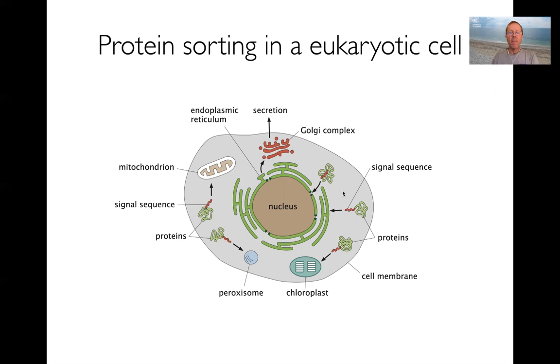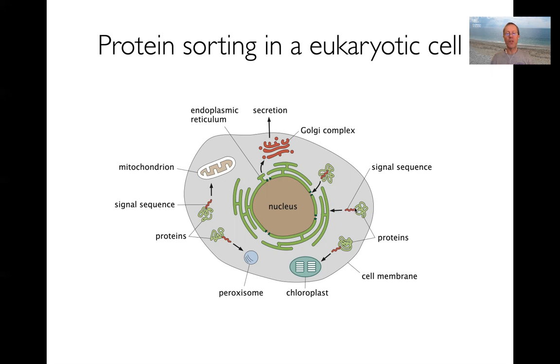So obviously, proteins have to contain some kind of information that directs their trafficking to the specific organelle where they're supposed to end up. It turns out that this information is, in most cases, encoded in short stretches of the amino acid chain called targeting sequences or signal sequences. And obviously, they need to be specific for each compartment.